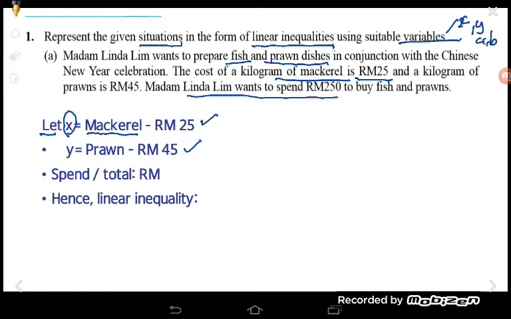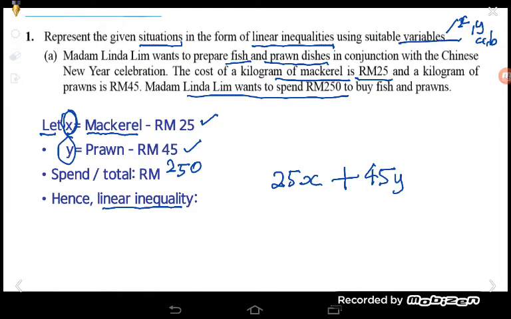Madam Linda wants to spend 250. Hence, what is the linear inequality? How do you write it? For mackerel, it's 25 ringgit, and if Madam Linda buys X number, that means times X, plus for the prawn, 45 ringgit, and if she buys Y number, you times Y. Then 250 here.